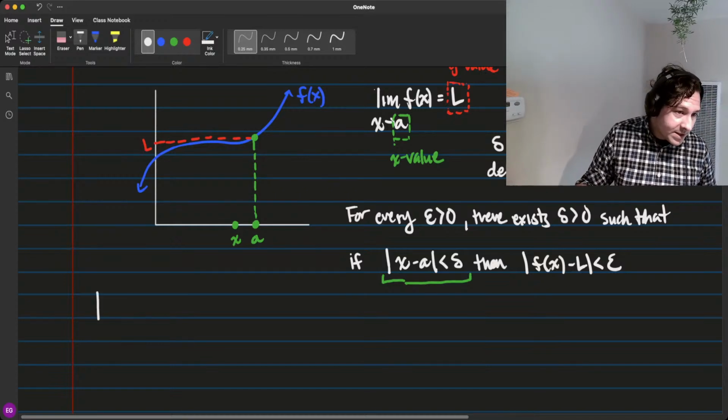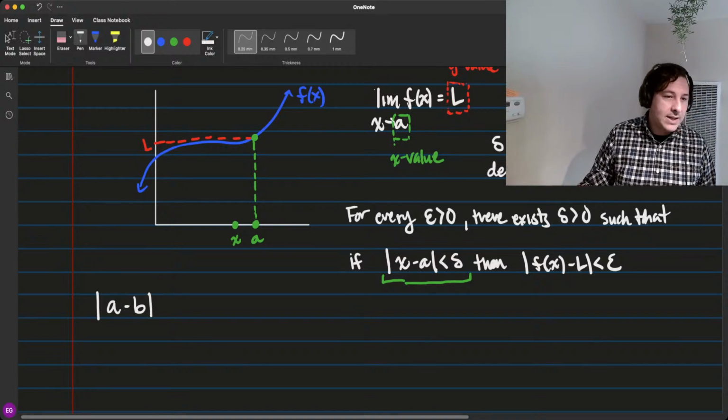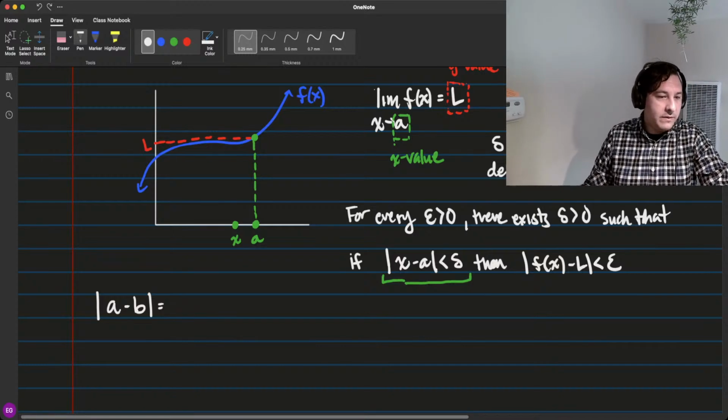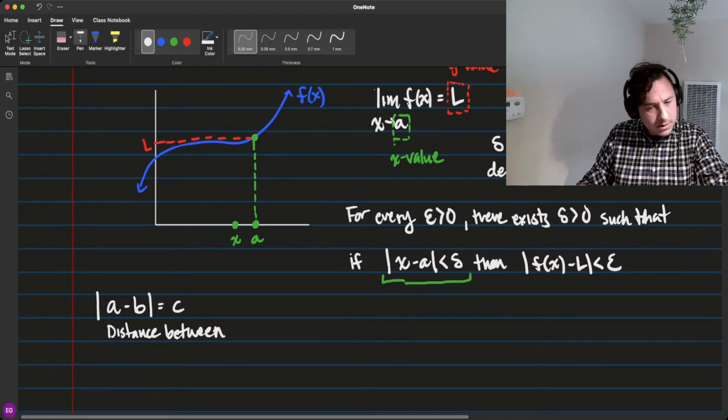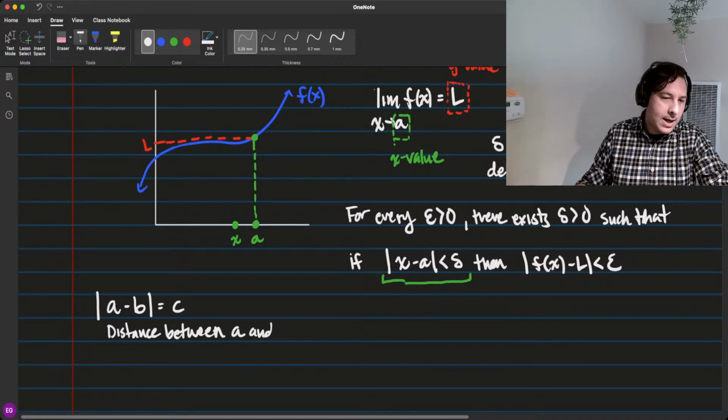When you look at absolute value and subtracting between two things, let's just say that the absolute value of a minus b equals c. What that means is that the distance between a and b is c.